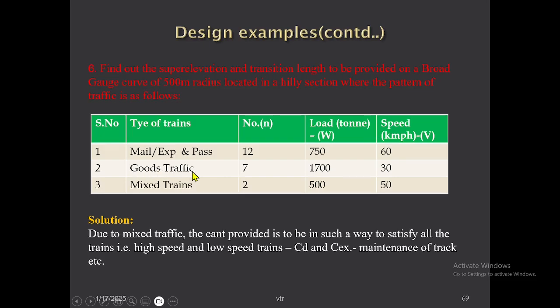The second one is goods traffic, 7 numbers, 1700 tonnage of load, and 30 kmph is the sectional speed for the goods traffic. And mixed trains, 2 numbers, 500 metric ton tonnage, and 50 kmph, the permissible speed for mixed trains. This is the data given.